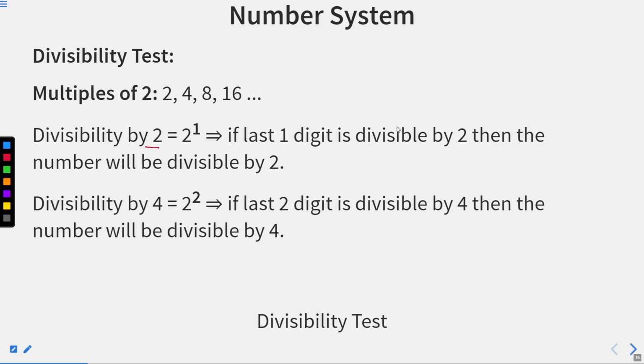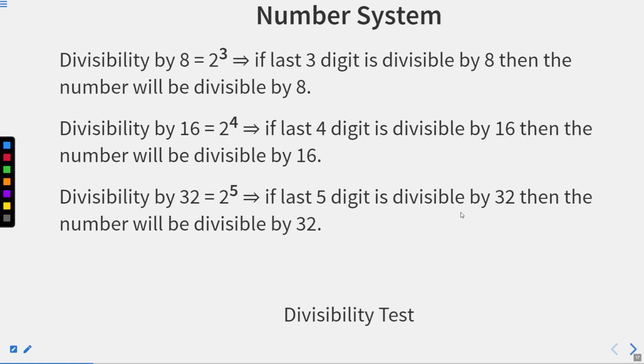If the last digit of a number is divisible by 2, then the number will be divisible by 2. If the last two digits are divisible by 4, then the number is said to be divisible by 4.